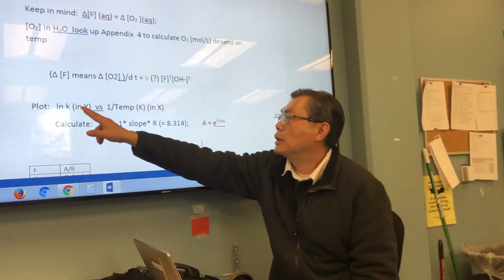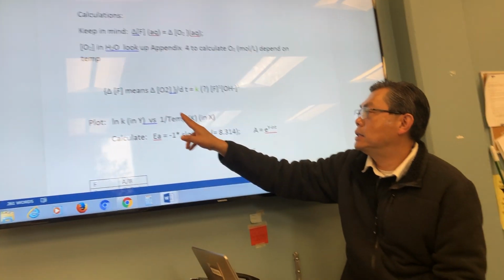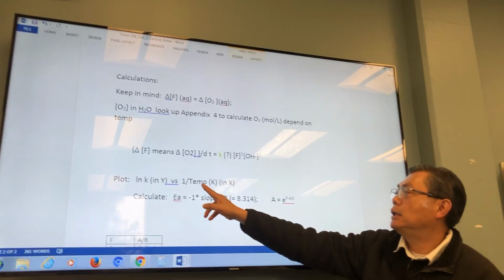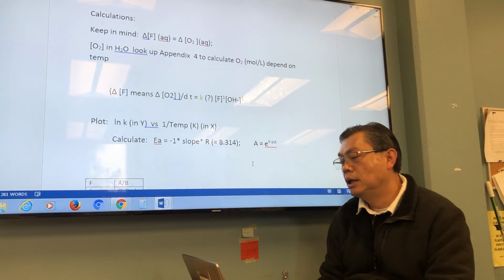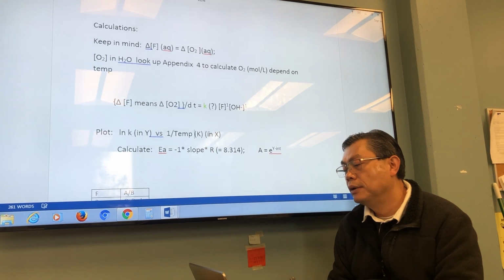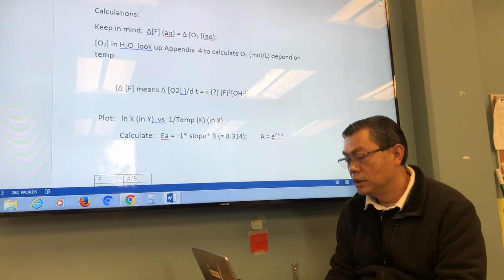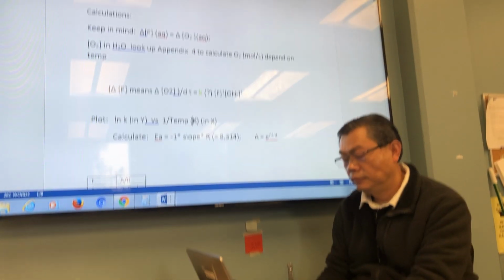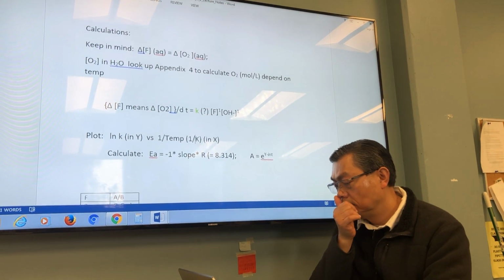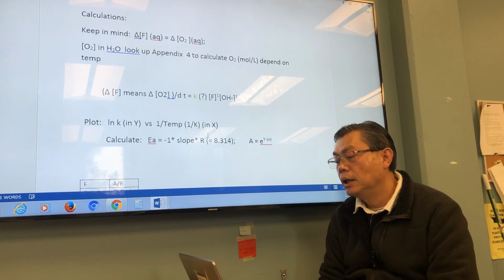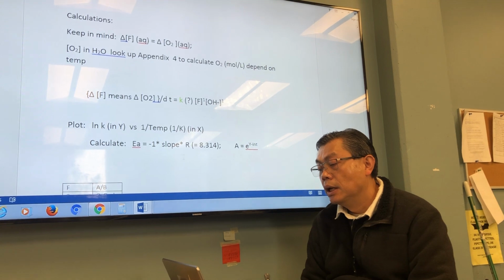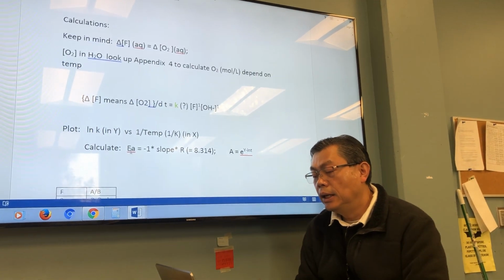The natural log of K goes on the y-axis, and 1 over T, with temperature in Kelvin, is the unit on the x-axis. And then you want to find the Ea.